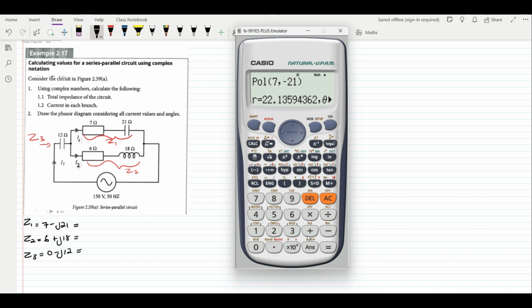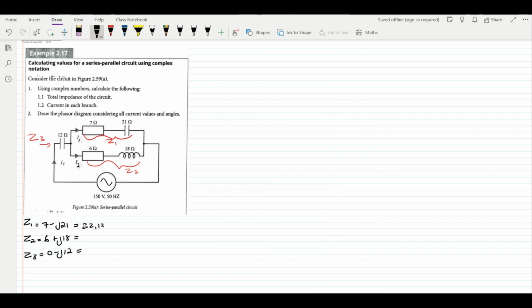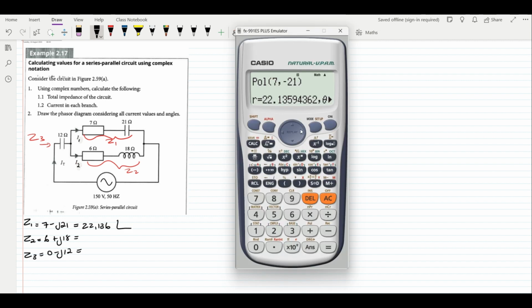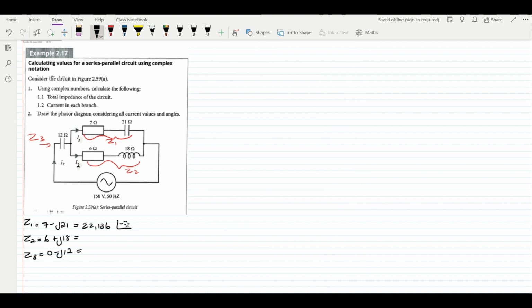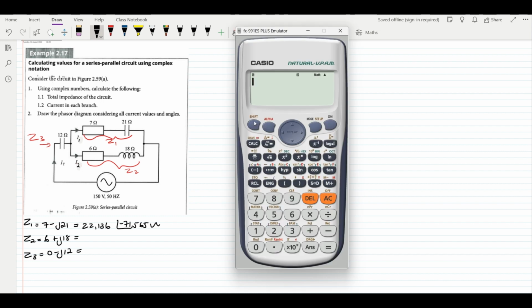Z1 will be 22.136 at an angle of negative 71.565 ohms.